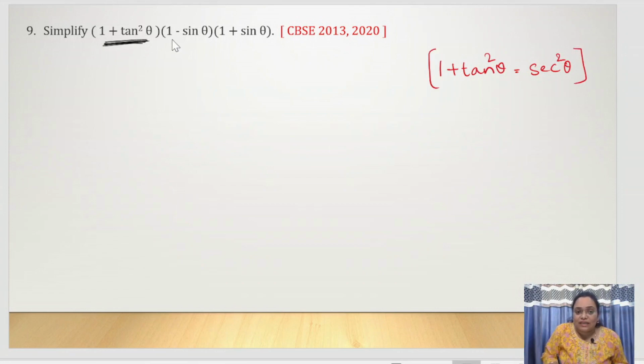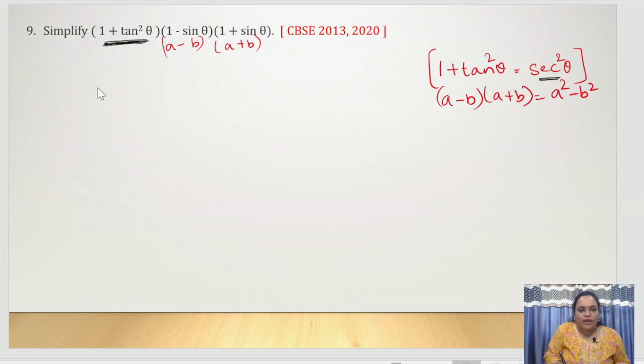And if you see here 1 minus sin theta and 1 plus sin theta, this is like a minus b and a plus b. So a minus b into a plus b is equals to a square minus b square. So 1 plus tan square theta, I am writing it as secant square theta.